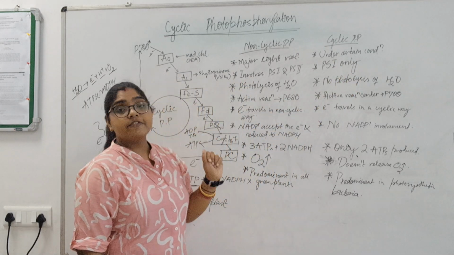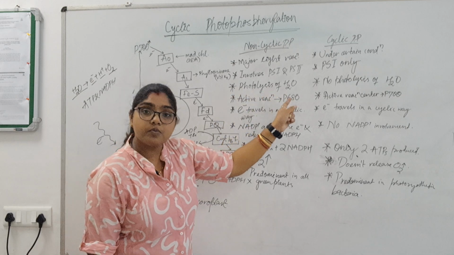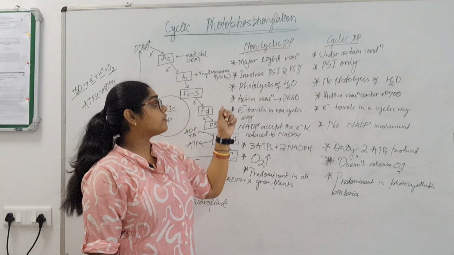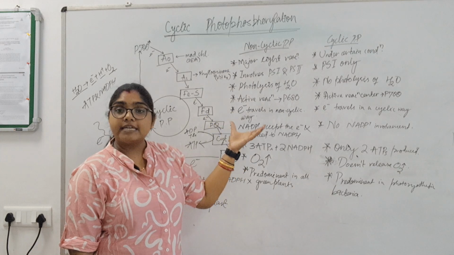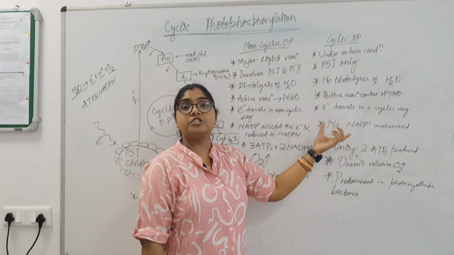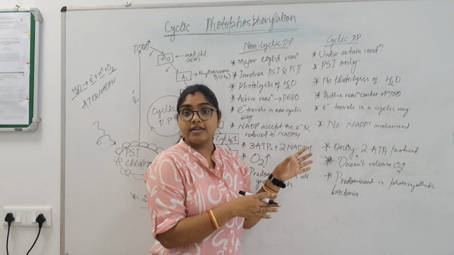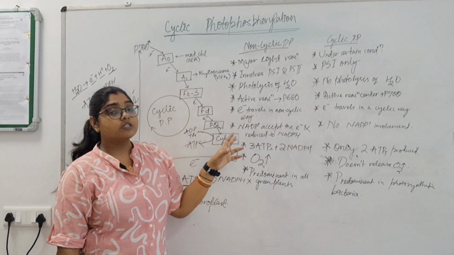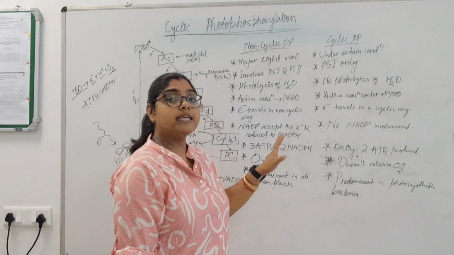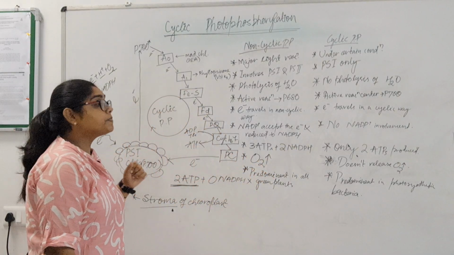In non-cyclic, photolysis of water takes place; in cyclic, there is no photolysis of water. In non-cyclic, the active reaction center is P680, and in cyclic it is P700. In non-cyclic, the electron travels in a non-cyclic pathway, and in cyclic it travels in a cyclic pathway.